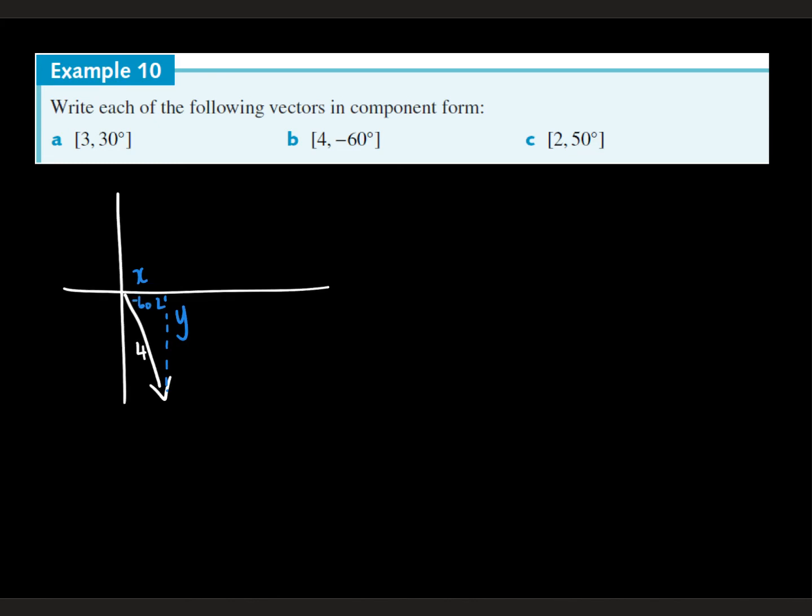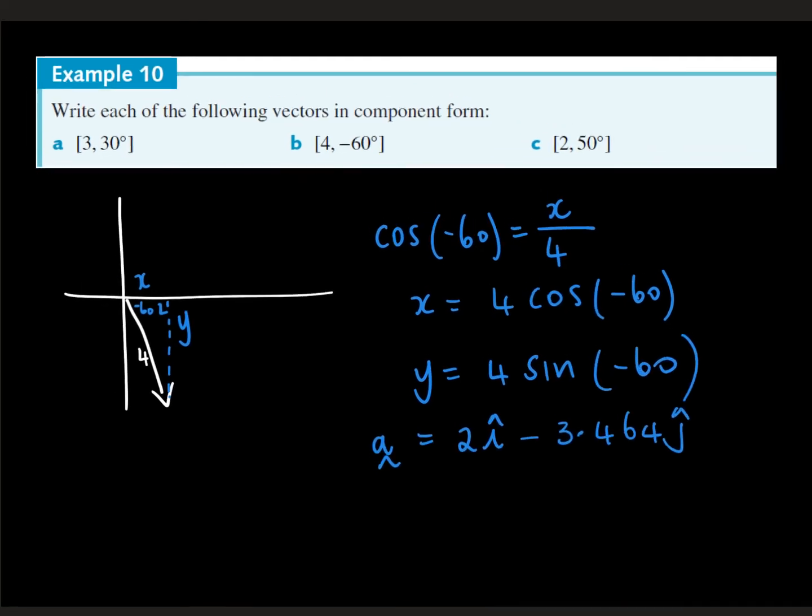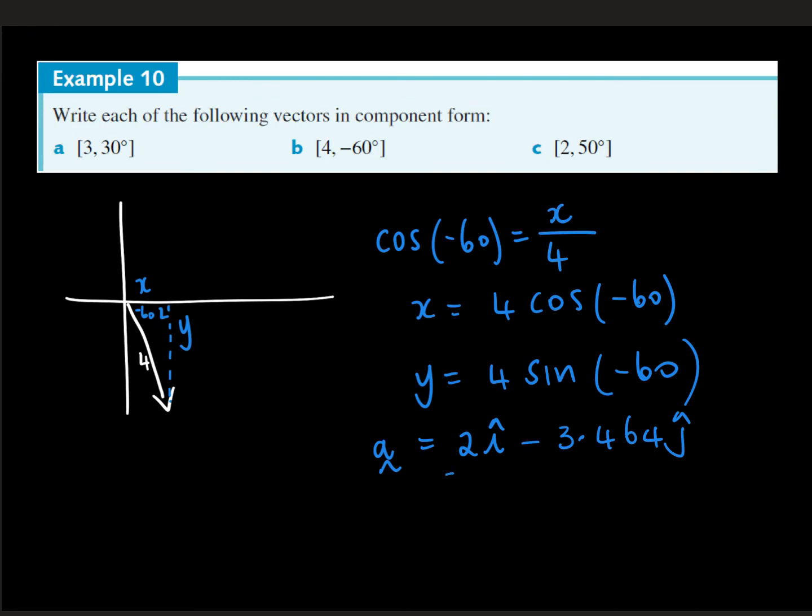So we can say the cosine of negative 60 is going to equal adjacent, that's x, over 4. So x equals 4 cos negative 60, and similarly y is going to equal 4 sine negative 60. Calculator now. And there's my answer there, just by plugging in those values.